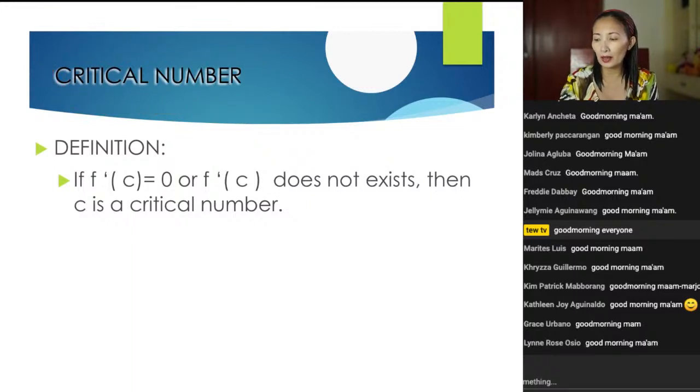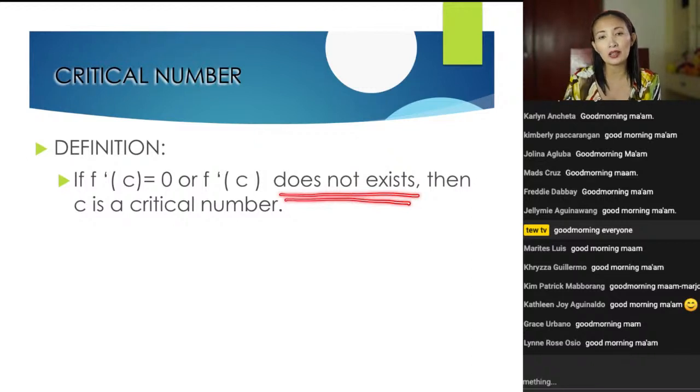A critical number, by definition, is a value at which the first derivative is equal to 0. That value of x that will make the first derivative 0, or at which the first derivative does not exist.